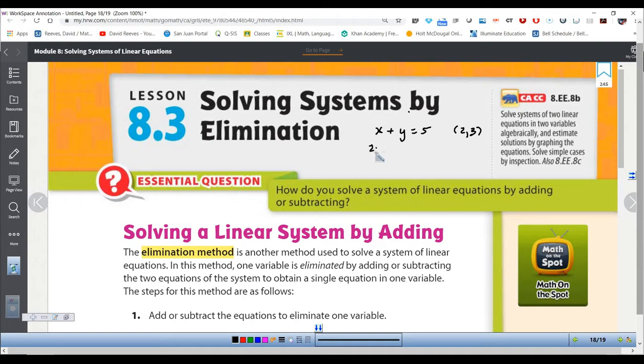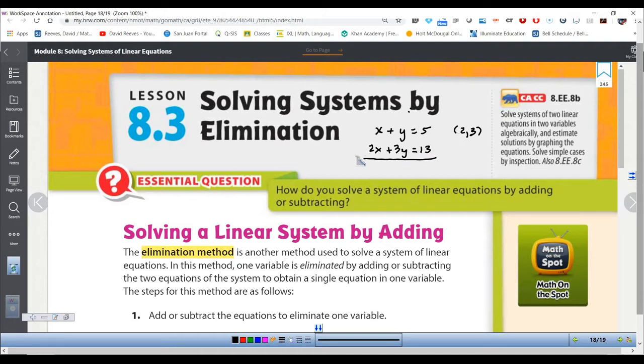What about 2x plus 3y? Let's try this real quickly. 2 times 2 is 4, 3 times 3 is 9, and that's 13. So do you agree (2, 3) makes that first equation true? 2 plus 3 is 5. (2, 3) makes that second equation true. 2 times 2 is 4, 3 times 3 is 9.